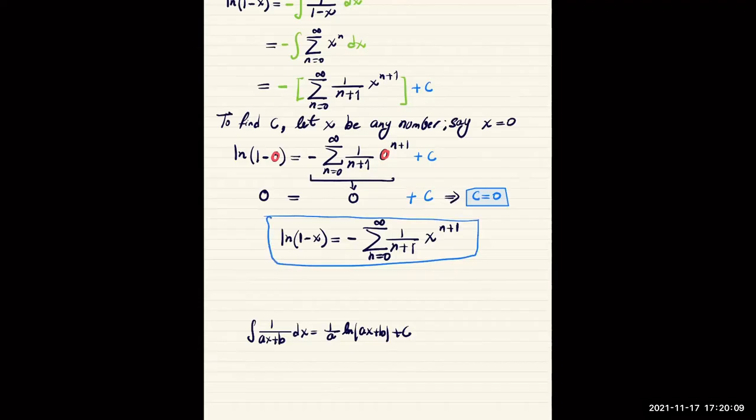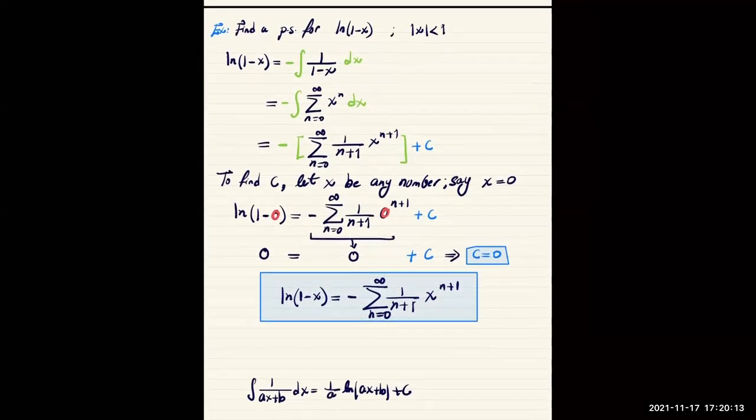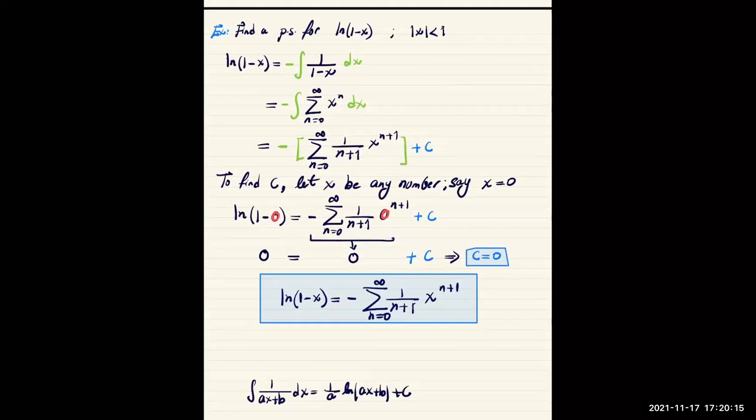Professor, when we plug in any x, does it have to be on the interval given? Yes, absolutely. Make sure your x is in there. Any other x is just not going to work. Like if I choose 5 for x, I get ln of 1 minus 5, ln of negative 4, which doesn't even exist.